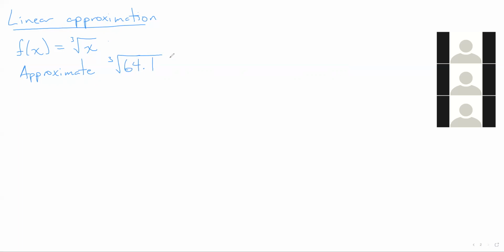So if I want to approximate that, I have a function here. What do I need to do? This isn't just as simple as plugging in the 64.1 for the x.